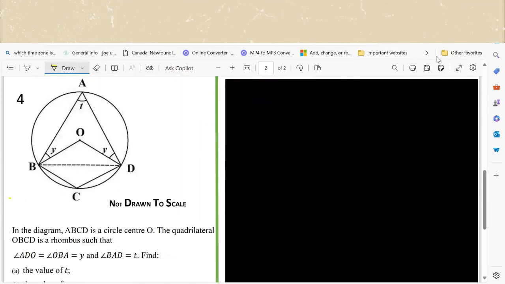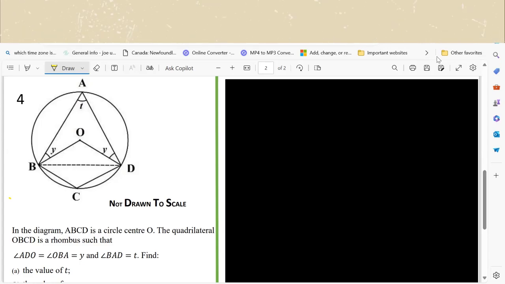We are told that in the diagram ABCD is a circle center O. The quadrilateral OBCD is a rhombus such that angle ADO, which is the angle marked Y, is equal to the angle OBA.